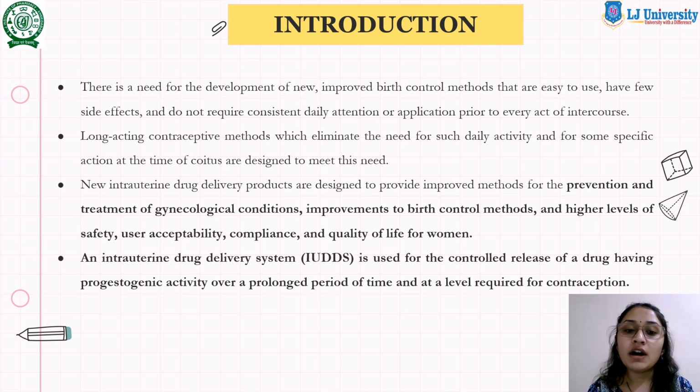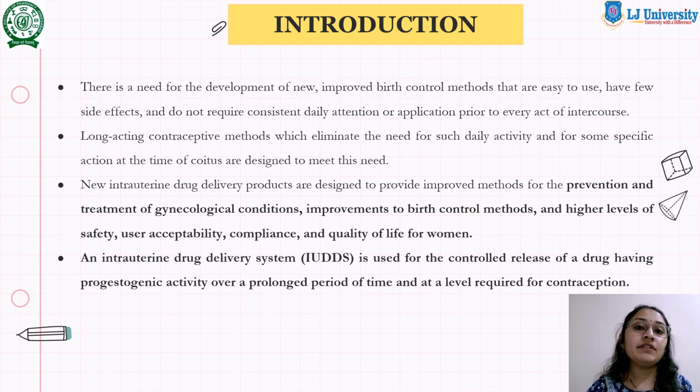And when we talk about the definition of intrauterine drug delivery system, these contain controlled release medicines, and they have contraceptive activity. Here the term progesterogenic activity is written, but I would like to mention that contraceptive activity is the broader term which you can use in the definition of intrauterine drug delivery system.